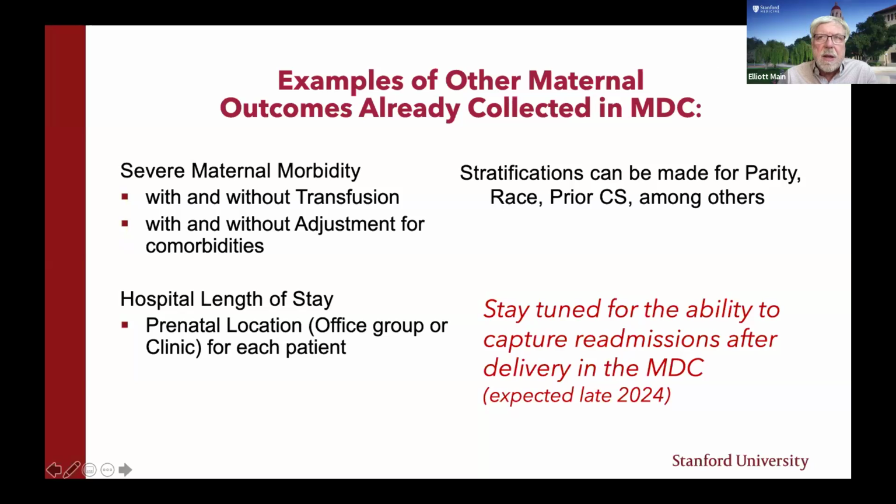So this would be added to that, but the hospital needs to assign doctors to prenatal care groups. And there are some ways to figure out issues around midwifery in hospitals as well. So stay tuned for that, but this is going to be an exciting way of really giving some data back to prenatal care providers.